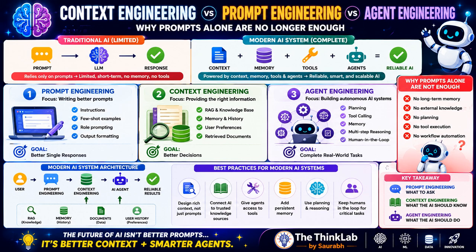Think of it this way: prompt engineering tells the AI what you want, but context engineering tells the AI what it should know. This is one of the biggest shifts happening in AI today.